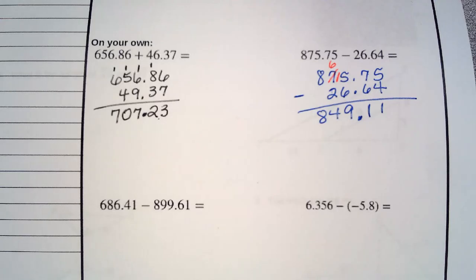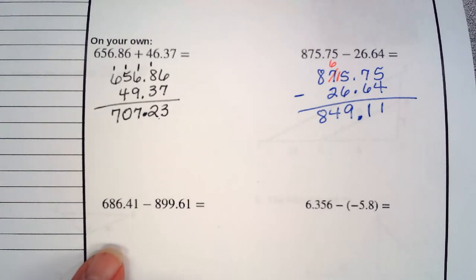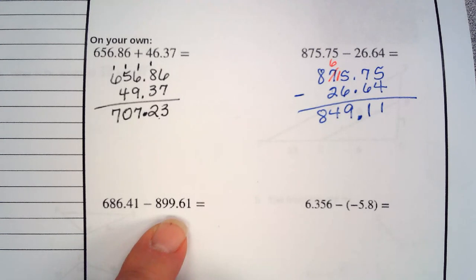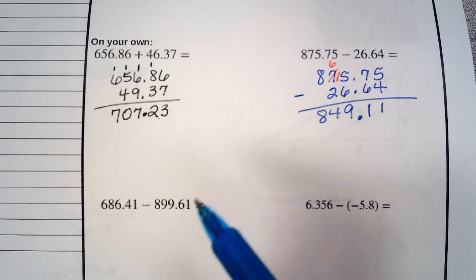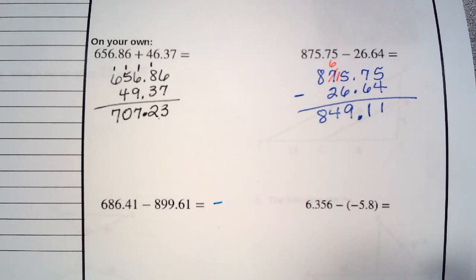For the next one, if you notice, what's going to happen here? I'm taking a smaller number and I'm subtracting a bigger number. That means that in the end, my answer has to be negative. But I still need to find the difference.